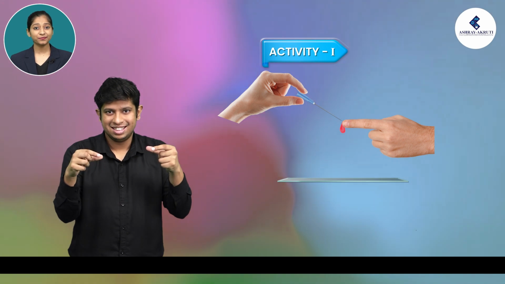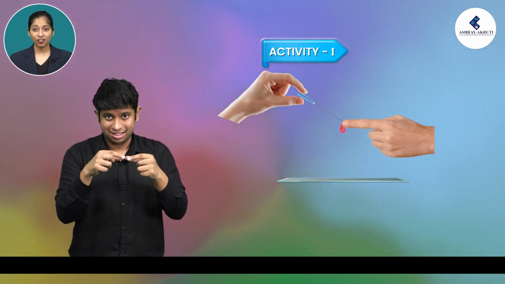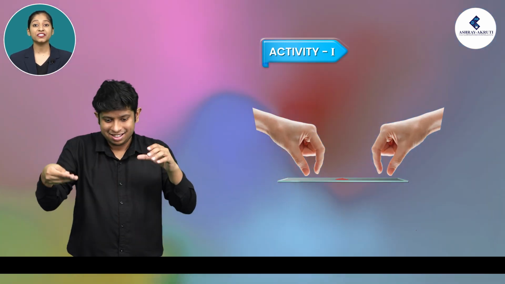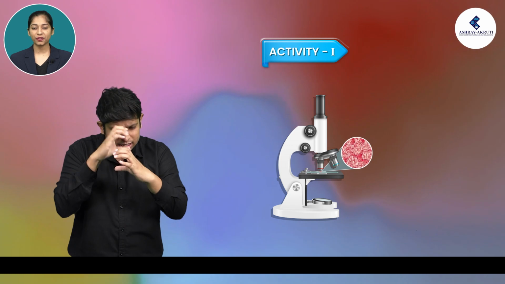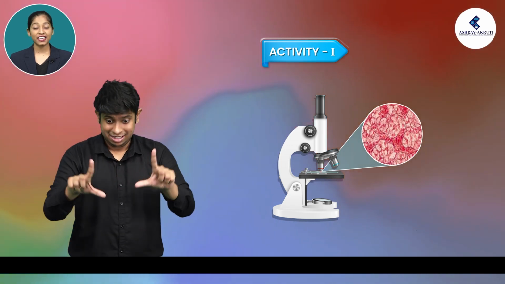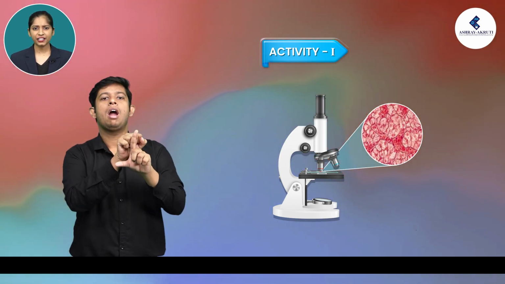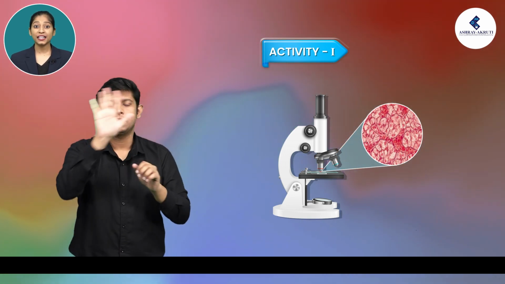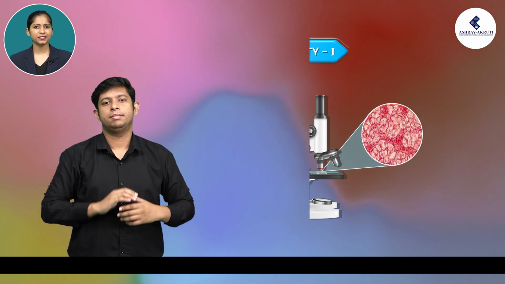Take a slide. Keep the finger on the slide to collect 1 drop of blood. Put another slide on it gently and press both sides. Observe the slide under a microscope. In this procedure, you can identify only red blood cells, though blood contains all the cells.